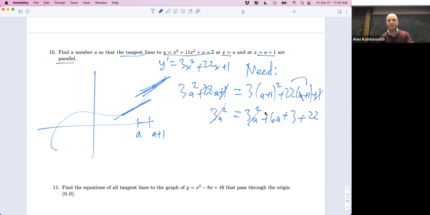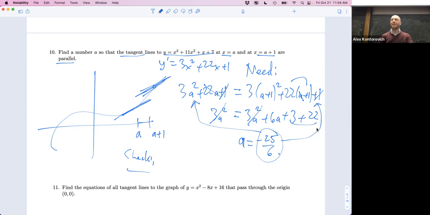That's even nicer. This is gone. That's gone. I got a 25 here that I moved to the other side. a is negative 25 over 6. Done. I would then plug in a equals negative 25 over 6 just to check and make sure that I get the same answer, just to make sure I didn't make a mistake. Let me not do that now in the interest of time.